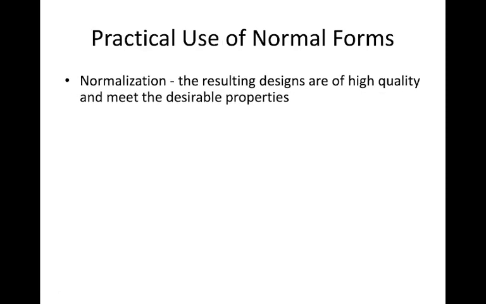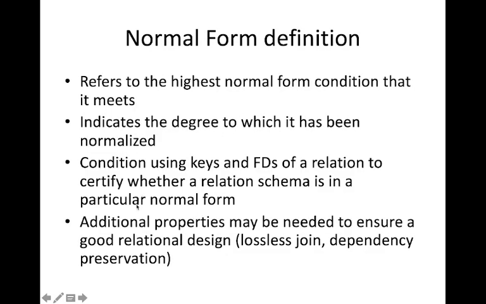So why do we use these normal forms? Normalization results in designs of high quality that meet the desirable properties. That is, the lossless join and dependency preservation properties will be there, and also the anomalies won't be there.